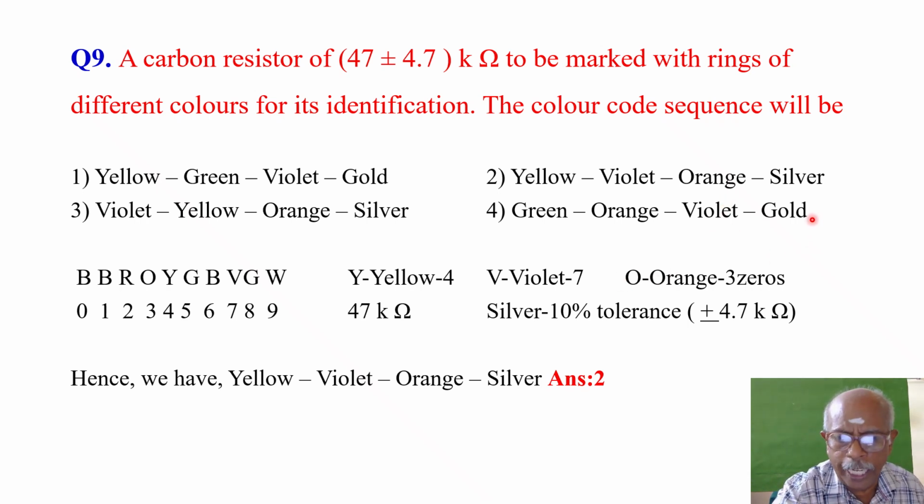So how will you identify a resistor in your lab? For that matter, you will make use of this expression: B, B, R, O, Y, G, B, V, G, W. In order to easily remember and recall these letters, you will make use of one sentence, is it not?